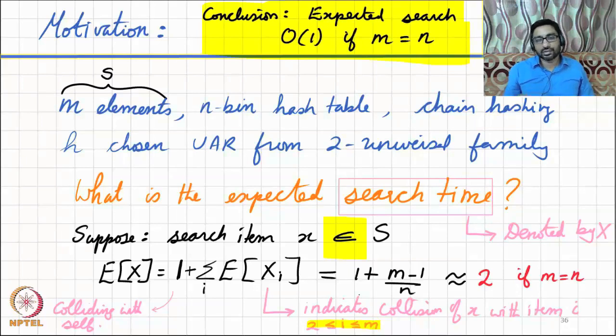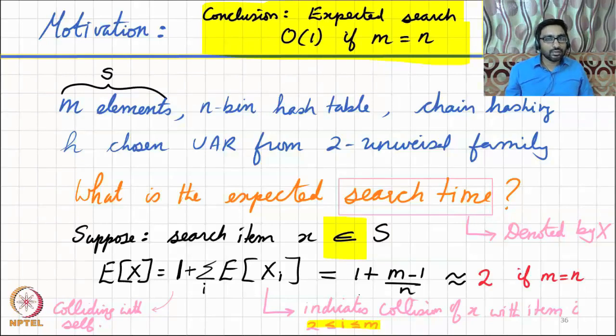But this doesn't really affect us much, because when we apply the same way of evaluating E of X_i's, we get 1 plus (m minus 1) over n, which is approximately 2 when m equals n. And the important conclusion that we can make out of this exercise is that the expected search time is only O of 1, constant, when m equals n.